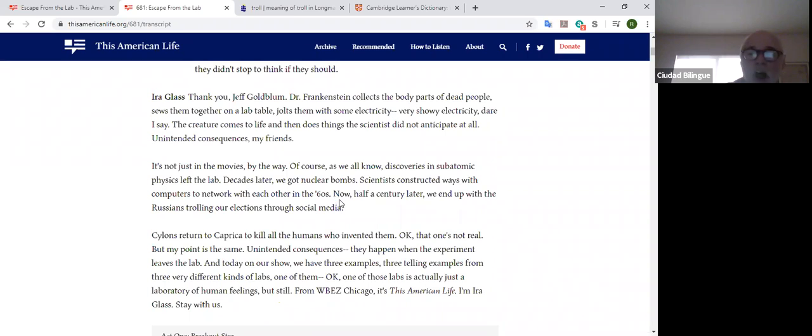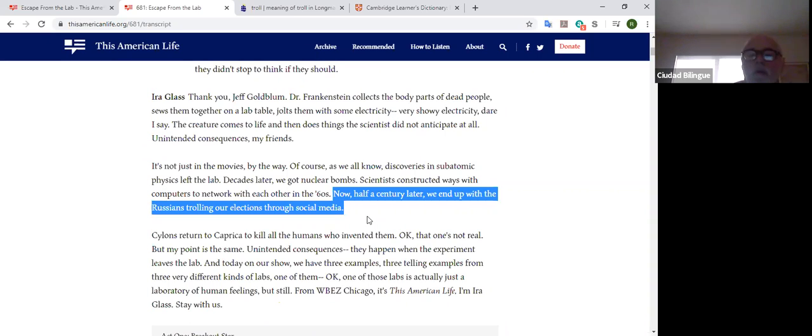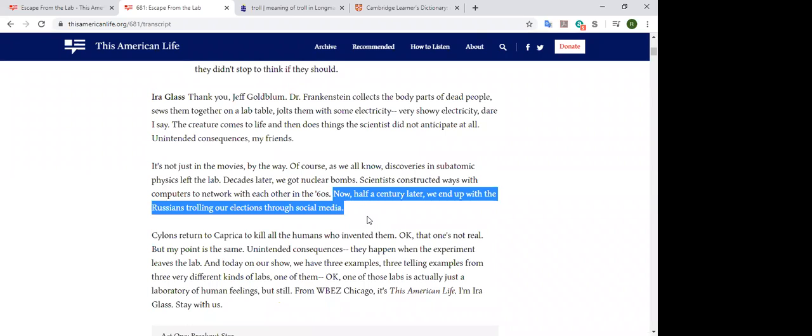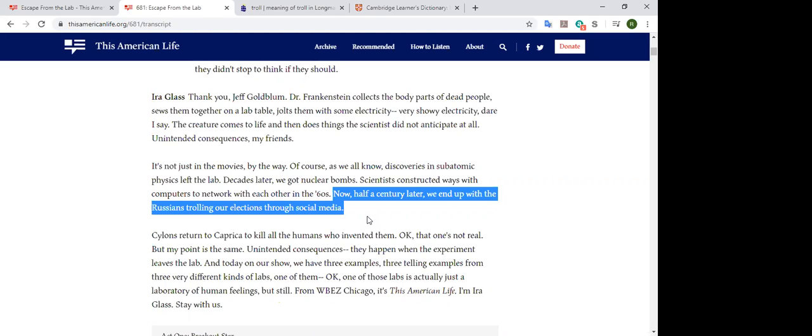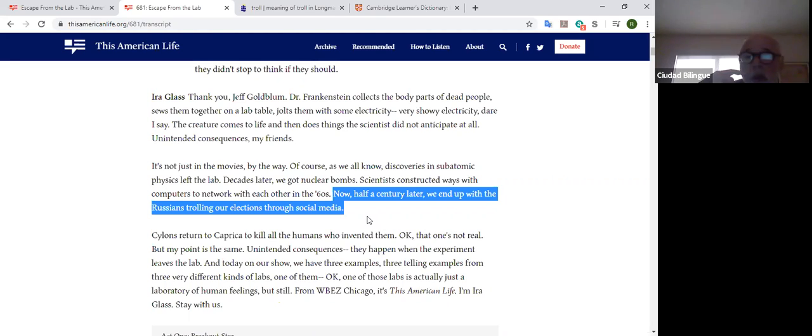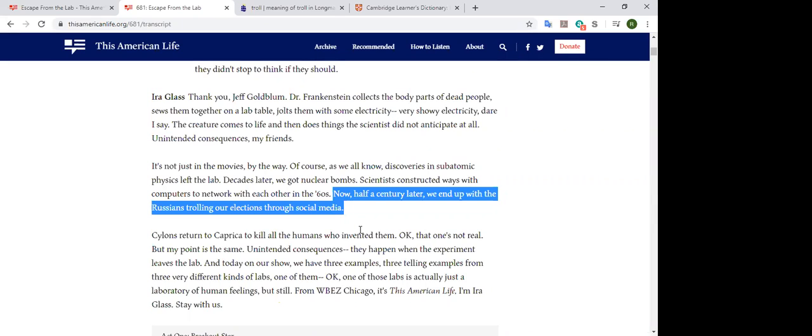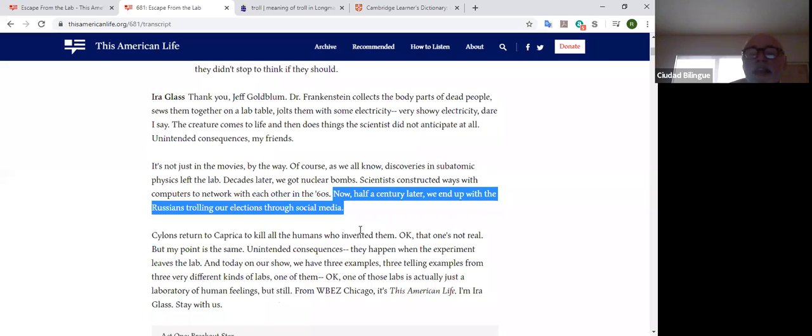Okay, one more time. Now, half a century later, we end up with the Russians trolling our elections through social media. When did we end up with the Russians trolling our elections through social media? Now, half a century later. Good. Did we end up with the Russians trolling our elections through social media half a century later?